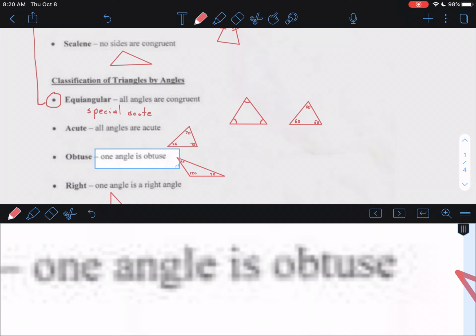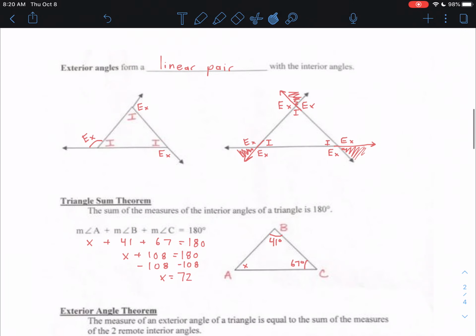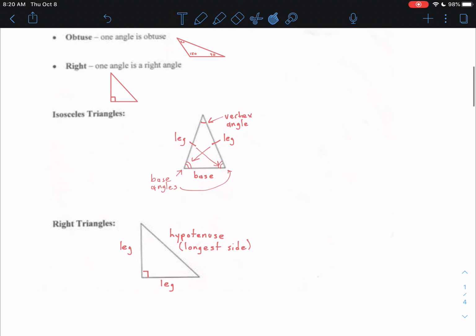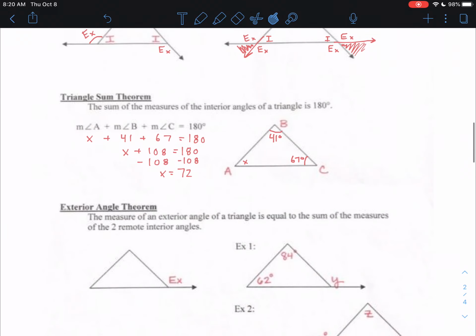So if you can tell me why, I'll give you a bonus point, and it has to do with the triangle sum theorem. All right, and we're just going to skip over the right triangle because we already know it has 90 degrees and then two acute angles.